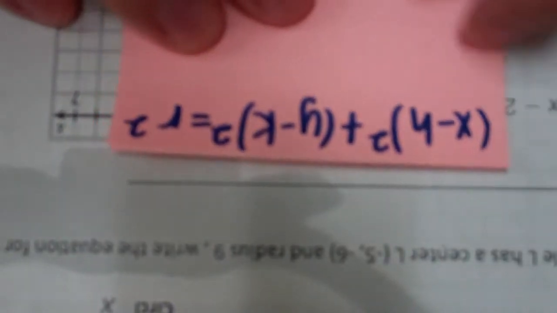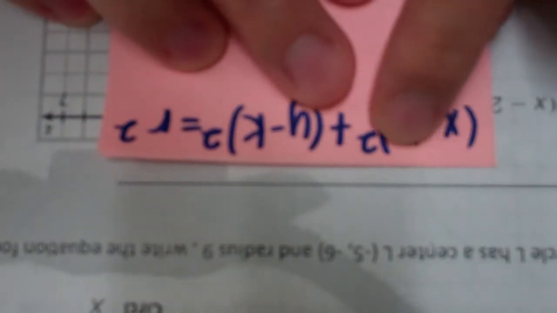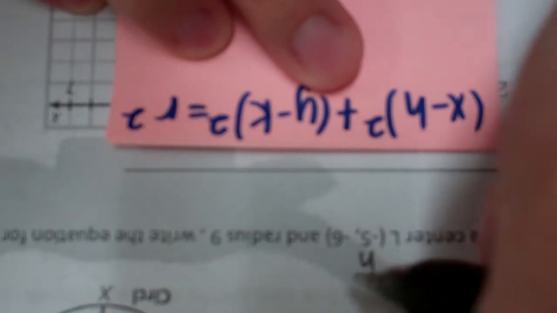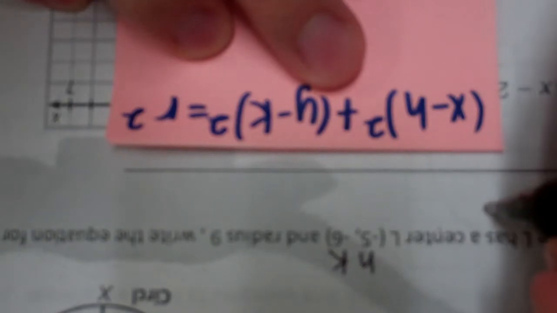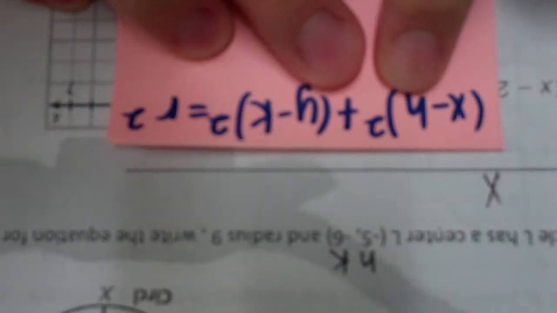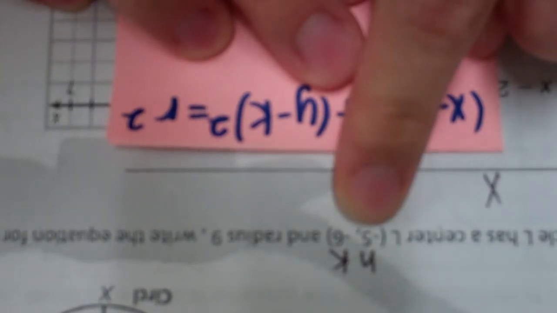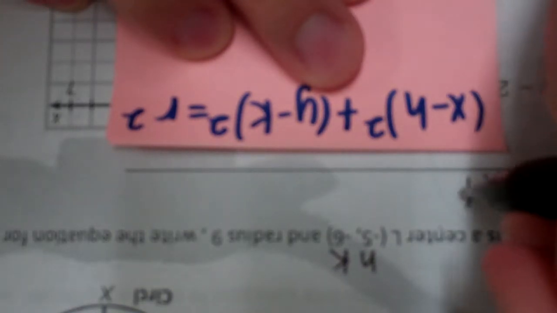Okay, the next one says circle L has a center of -5, -6, and a radius 9. Write the equation of the circle. Remember that this is the equation of a circle. So this is our H coordinate, and this is our K coordinate. So we're going to write x, and it calls for minus H. In this case, it is negative, so a negative and a negative is going to make this one a positive.